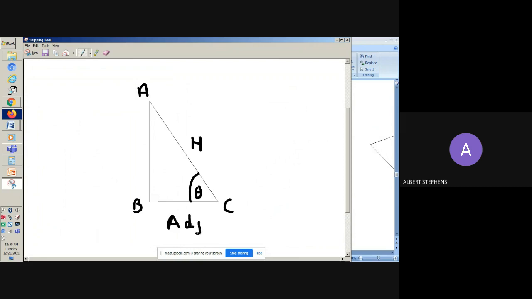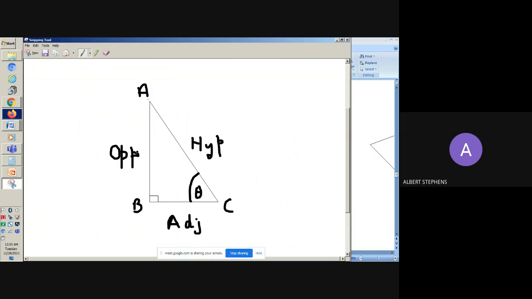And I will use ADJ, and I will use HYP for hypotenuse. Well, obviously, AB would have been the opposite side because it's opposite the reference angle.